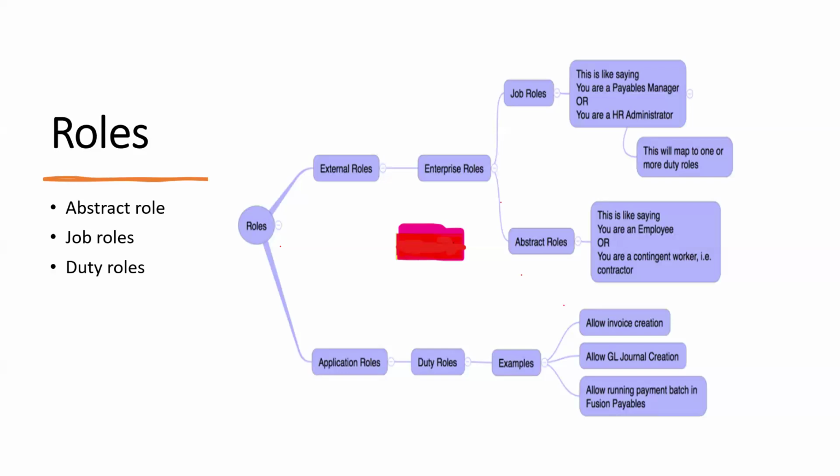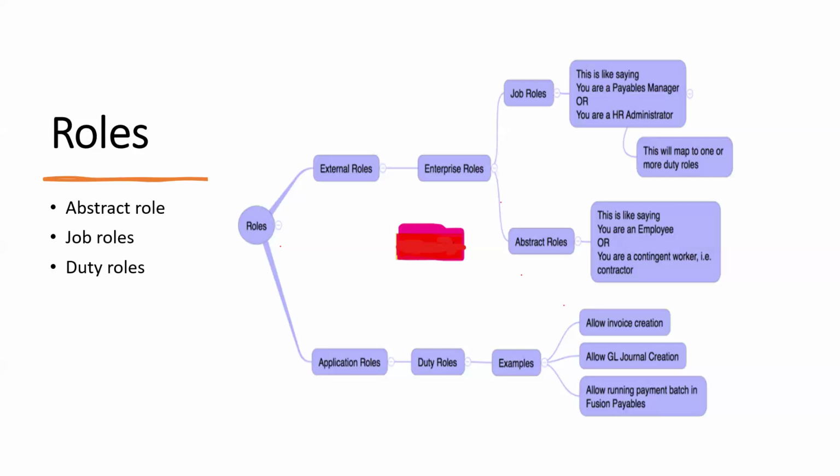Now coming to the application level role. The application level role is a duty role. It indicates at what level you should have access, like AP module level, AR module level, GL module level, fixed assets, cash management, expenses, advanced collections. There are multiple modules; we have PPM, SCM, and other modules also.